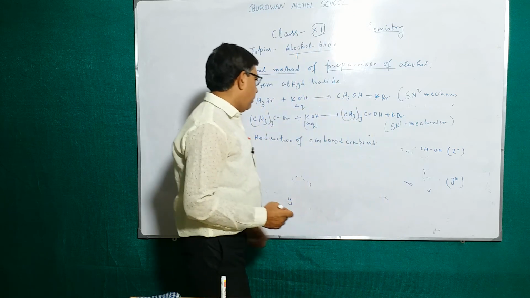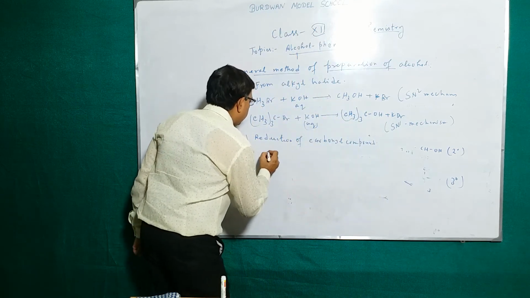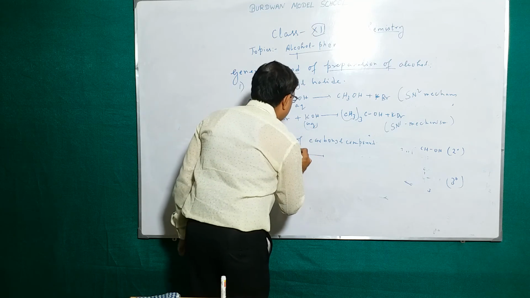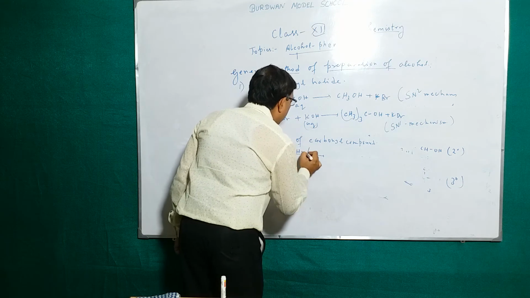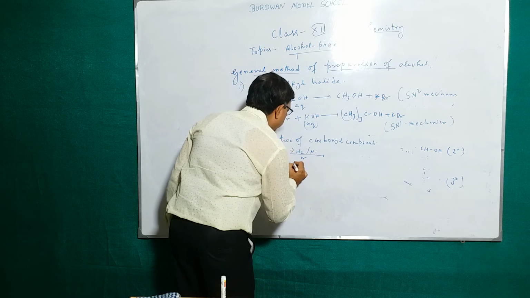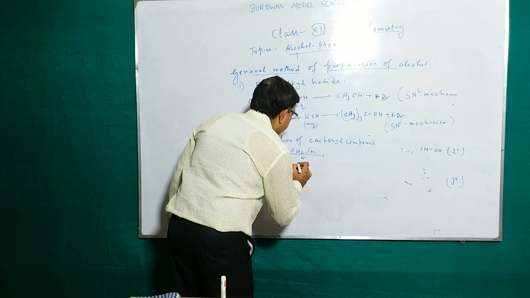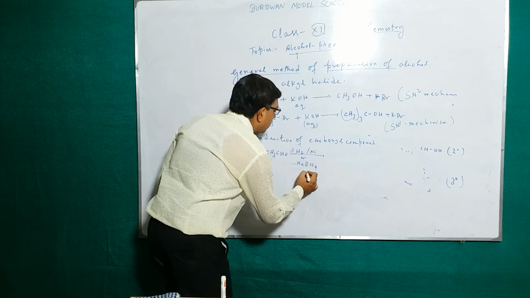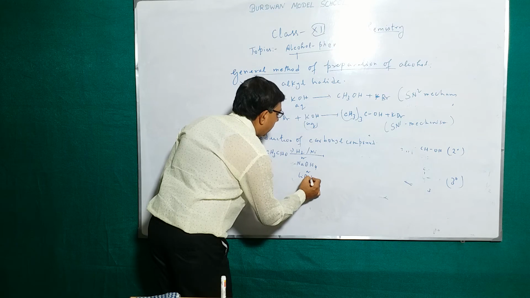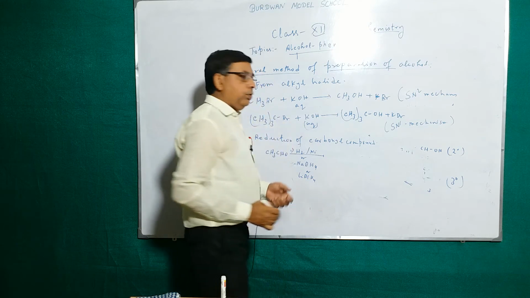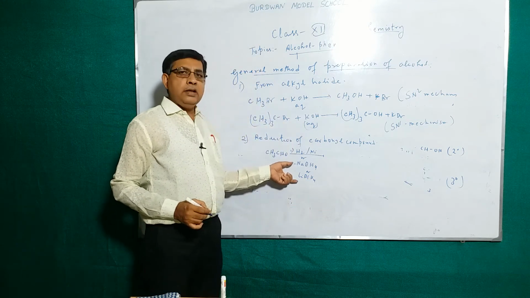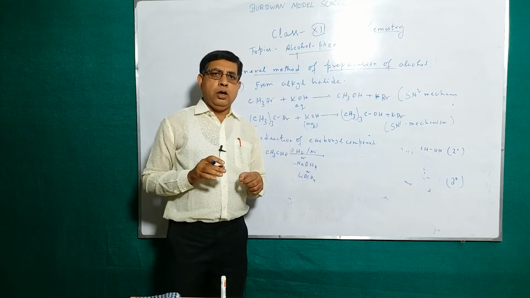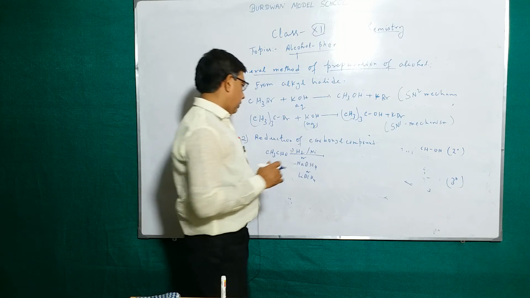Say CH3CHO with a reducing agent, either hydrogen and nickel, or NaBH4 sodium borohydride, or lithium aluminum hydride. You can use any reducing agent, but these are selective reducing agents. They can reduce the carbonyl group to alcohol but cannot reduce the multiple bond.